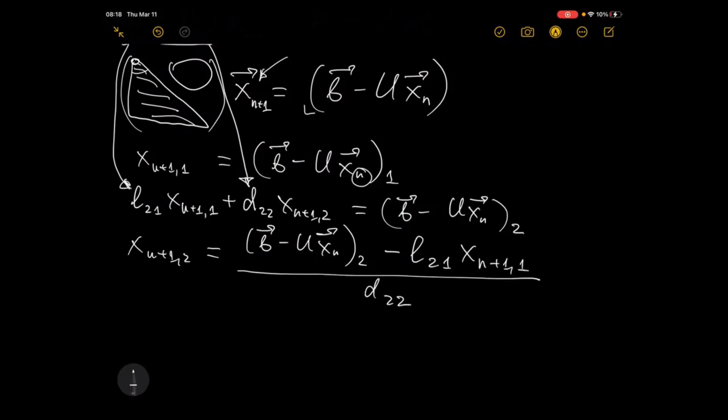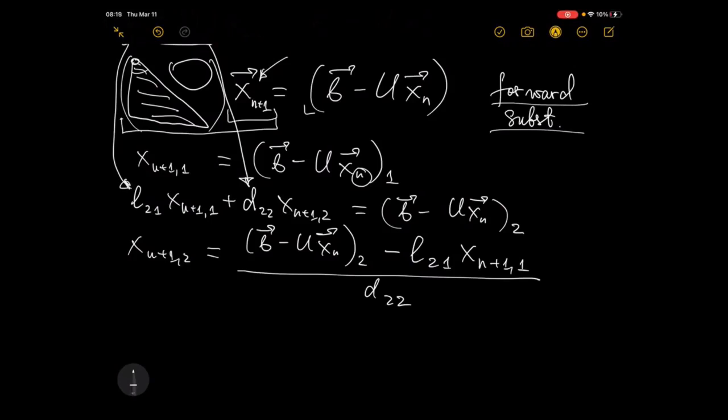So essentially, you have a system of linear equations with a lower triangular matrix, which you can solve using forward substitution, right? In this case, you are always using the results of all the previously computed components of x n plus 1.